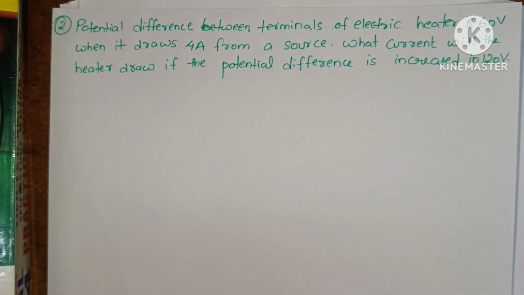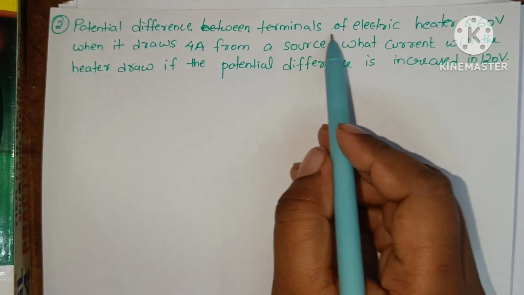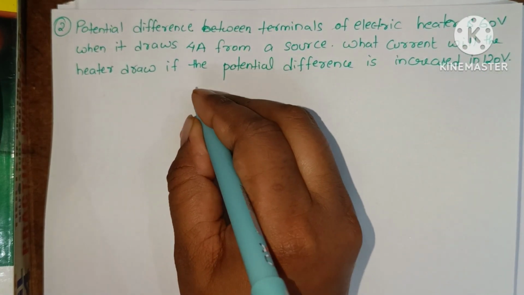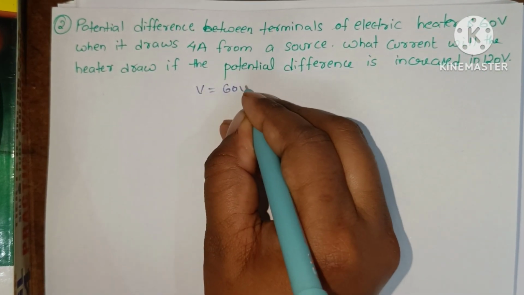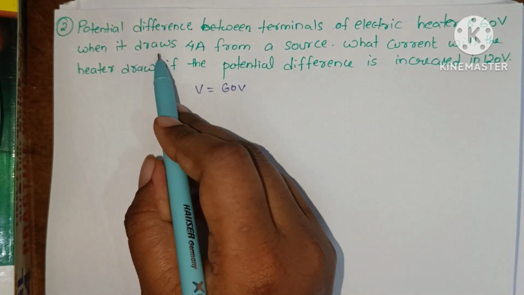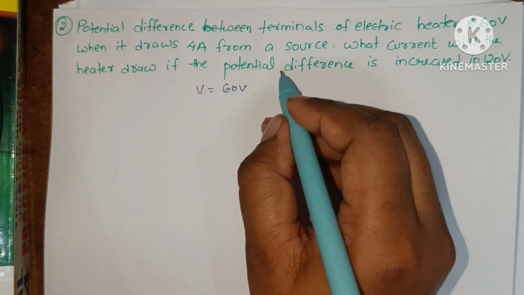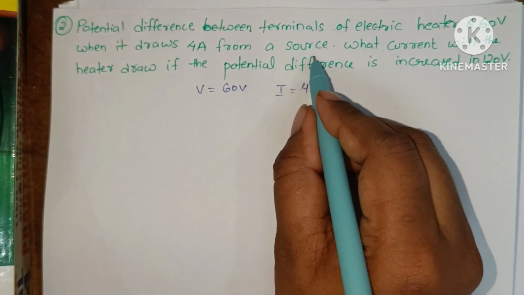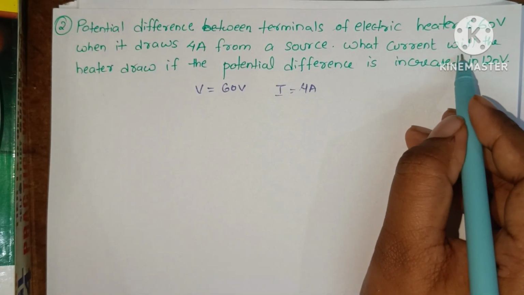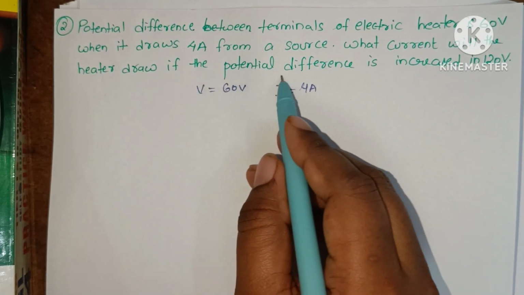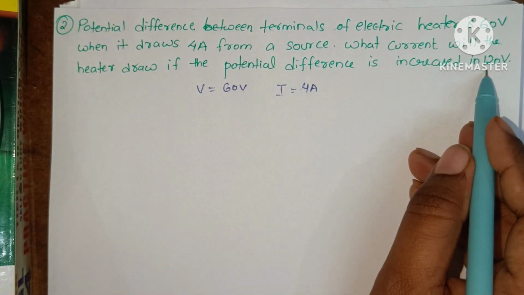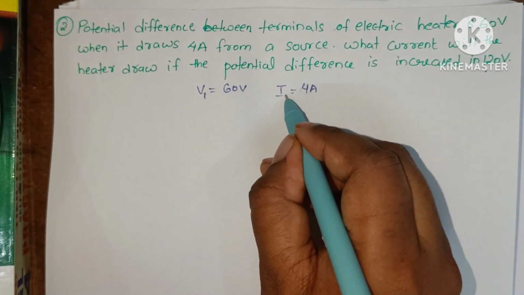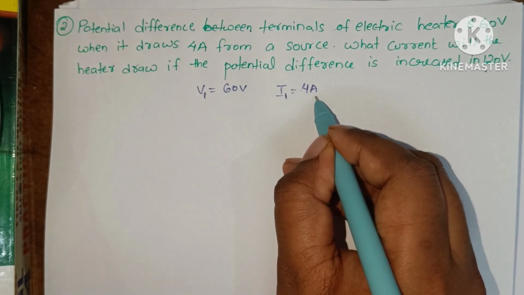Next: the potential difference between the terminals of an electric heater is 60 volt, so V equal to 60 volt, when it draws 4 ampere of current from a source. Then what current will the heater draw if the potential difference is increased to 120 volt? For example, V1 equal to 60 volt, I1 equal to 4 ampere.